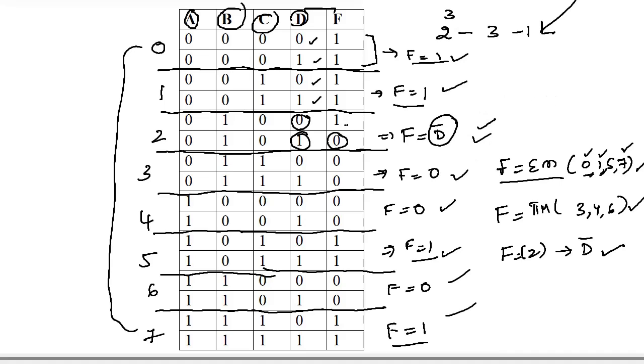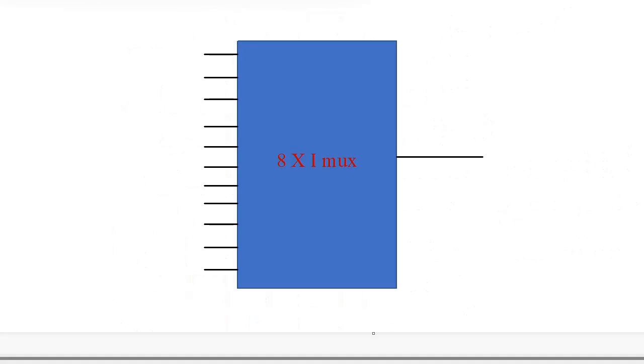That is the representation. Now, see the logic diagram. Now I am converting the 16 by 1 multiplexer into an 8 by 1 multiplexer.